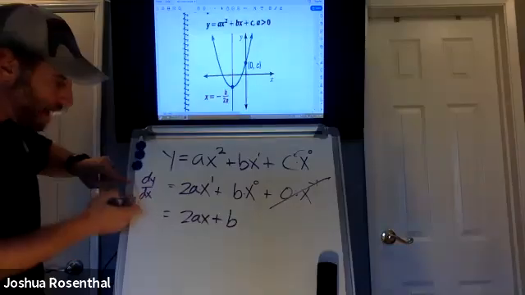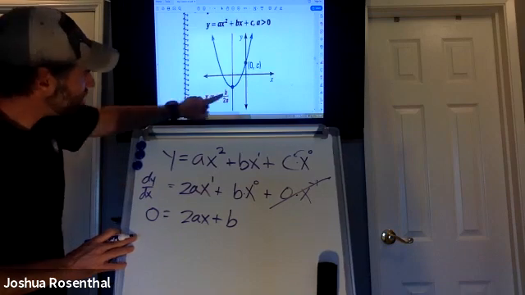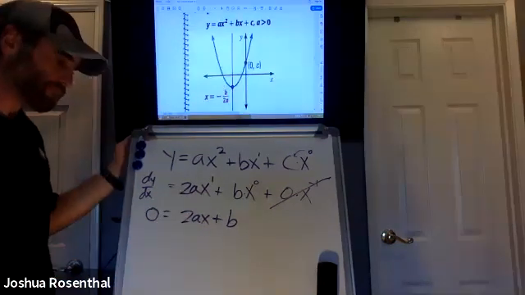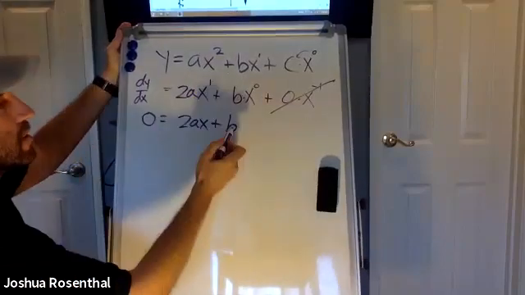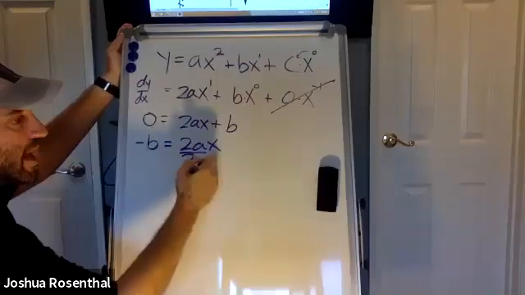So the slope I can substitute here is 0 at that minimum point. Now, solve for x, and then find out whether it's a minimum or a maximum. Subtract b on both sides. Negative b over 2a. Divide by 2a on both sides.